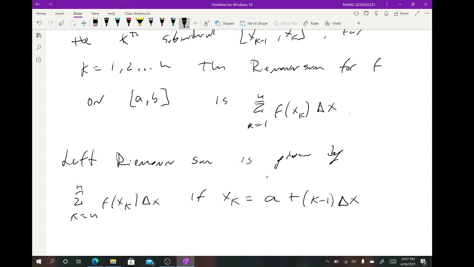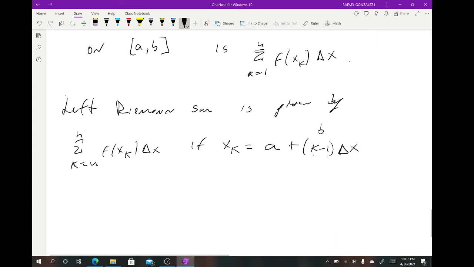Remember, a is just the start of the interval, much like we had in the earlier piece of this lecture. This k minus 1, or i minus 1, it doesn't matter what the indexing variable is, it's just going to be that variable minus 1. It's going to give you the left endpoint.